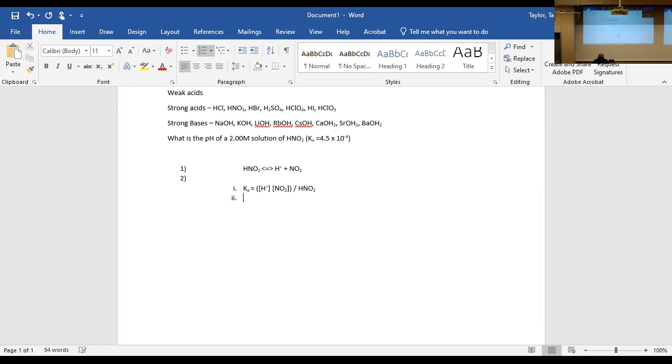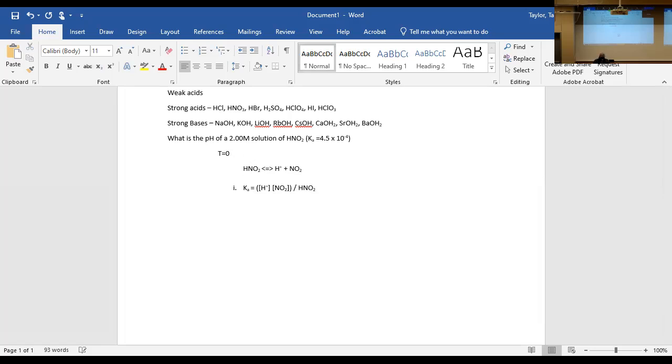Okay, so now you have your reaction equation and you have your equilibrium equation. So what's the next step? The next step is to dissect the problem. We know right here, this is time equal to 0, before the reaction begins.